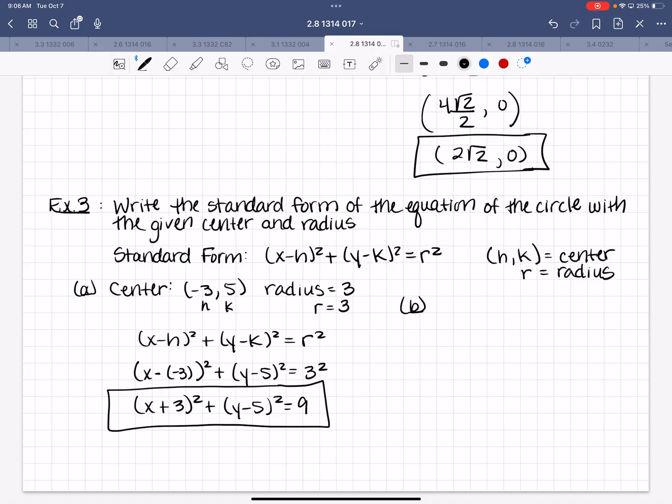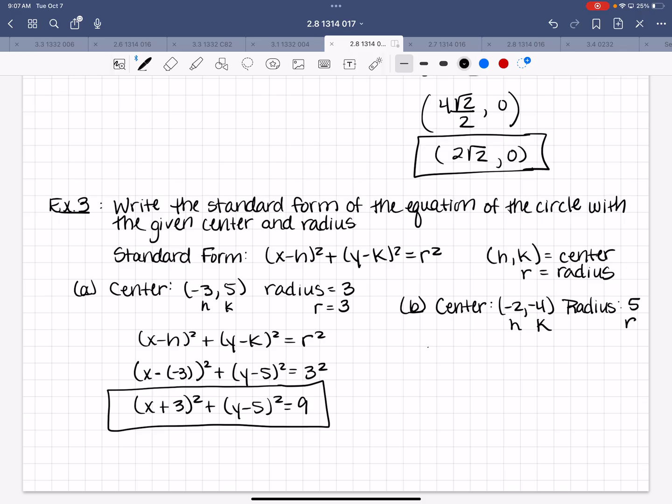We have a center of -2, -4 with a radius of, that got chopped off. Oh, I know what it is, 5. They gave me an h, a k, and an r.